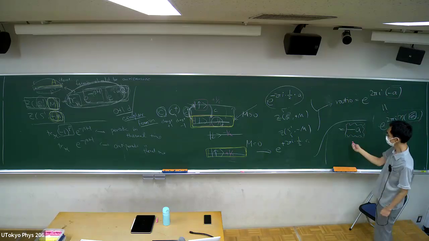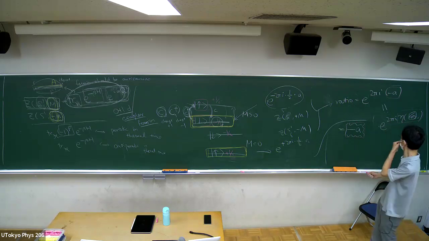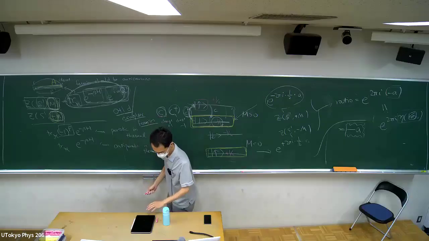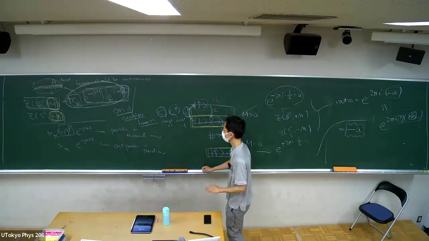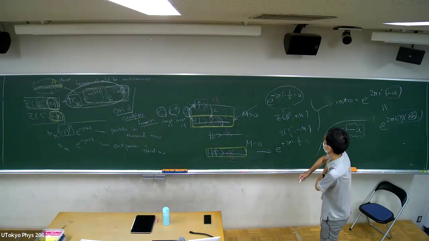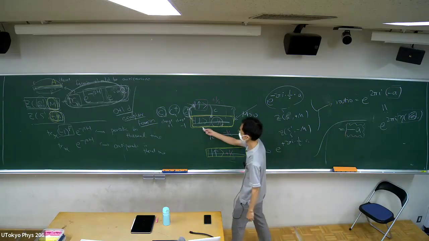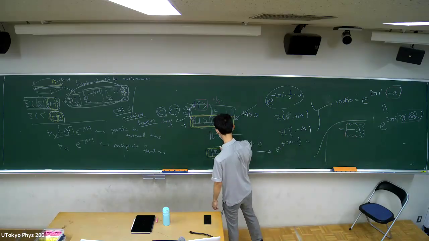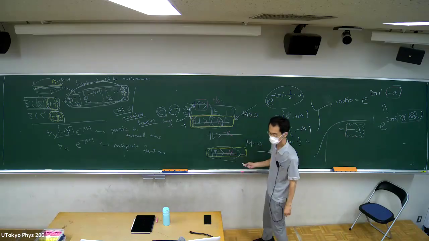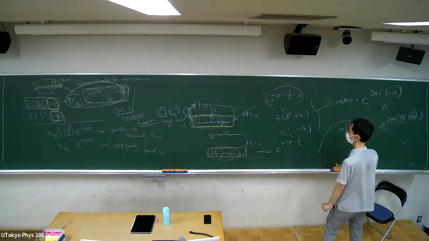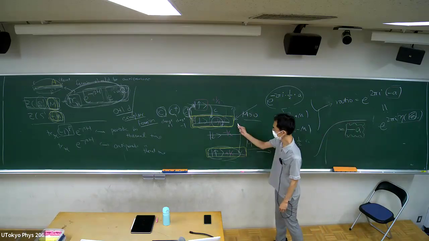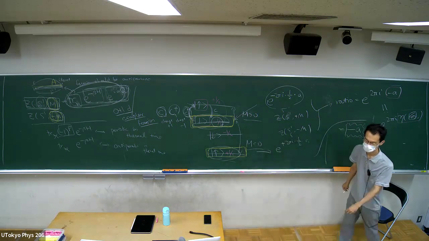So this minus A, in this very simple example of a 0 plus 1D complex fermion, just tells us that the U1 charge, the electric charge of the ground state, between the positive M case and the negative M case is different by 1, nothing more than that.